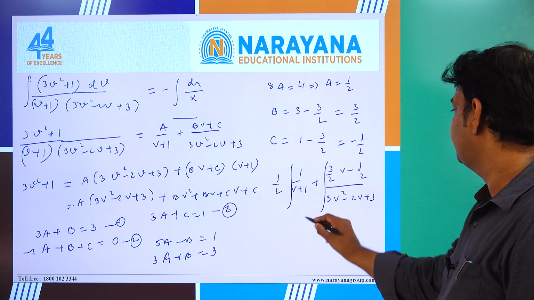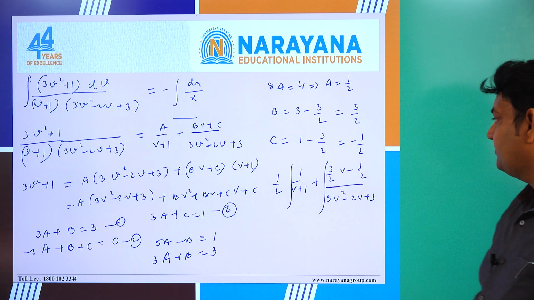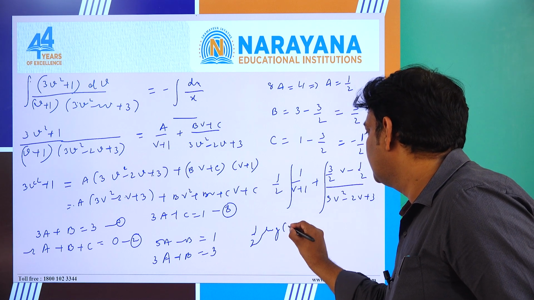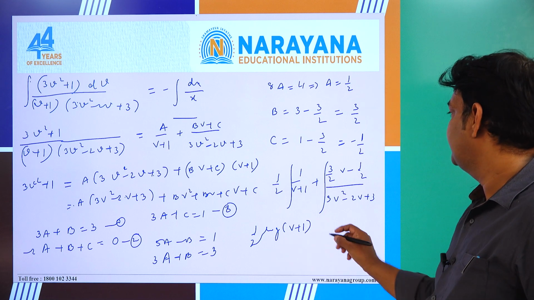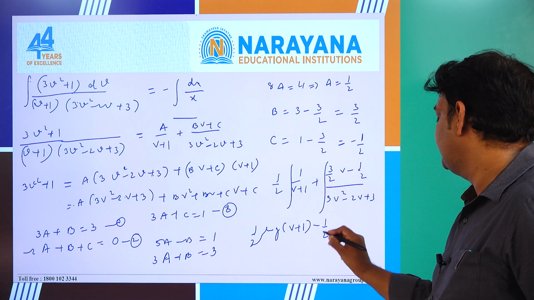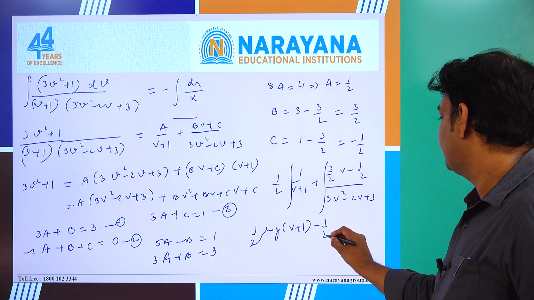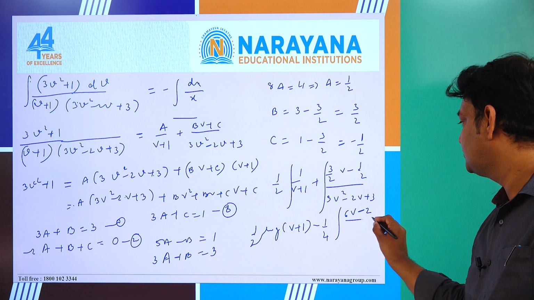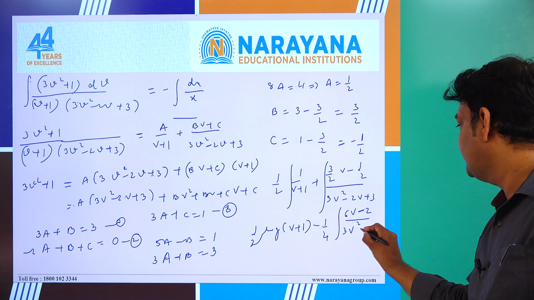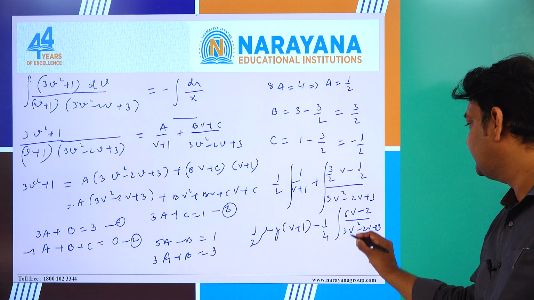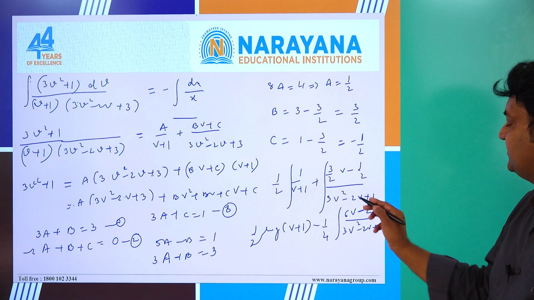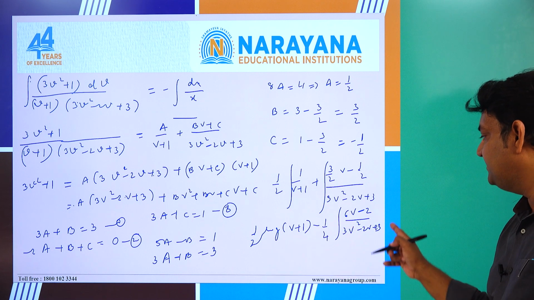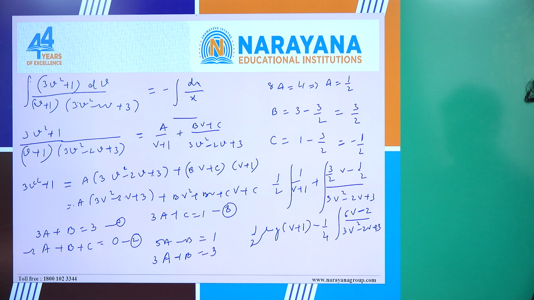So what is this integration? 1 by 2 log of v plus 1 minus 1 by 2, in fact multiply and divide by 2, 6v minus 2 by 3v square minus 2v plus 3. Check it, 3 times 2v gives 6v, its derivative is again this one. So 1 by 2 log of v plus 1 minus 1 by 4 log of 3v square minus 2v plus 3.